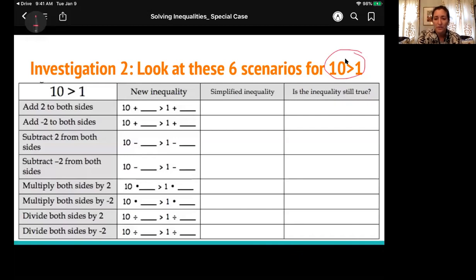What I want you to do is I am going to send you guys into a breakout room. I want you and your classmates, I'm going to leave you in there for about 3 minutes, maybe 4 minutes. I want you guys to decide which ones are yeses and which ones are nos.